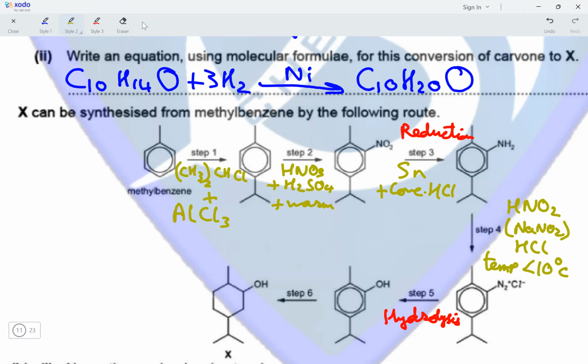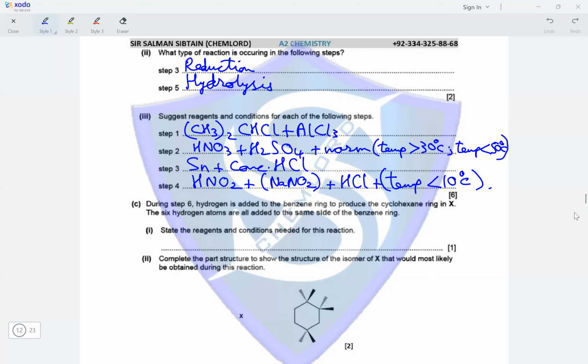So these are the 4 reagents and conditions needed for steps 1 to 4. So the types of reaction and the reagents and conditions have been filled according to what was solved in the organic synthetic pathway. Next, during step 6, hydrogen is added to the benzene ring to produce the cyclohexane ring in X.